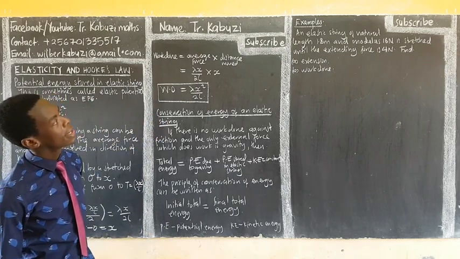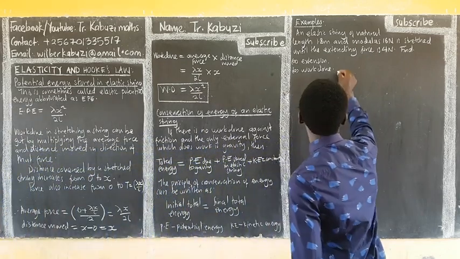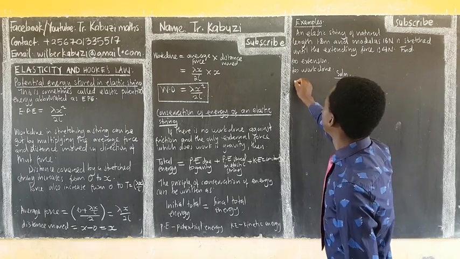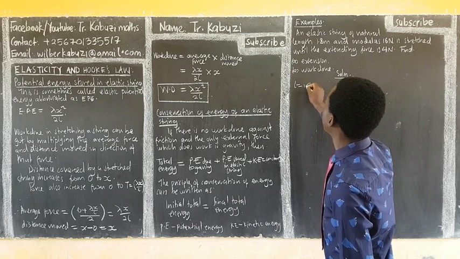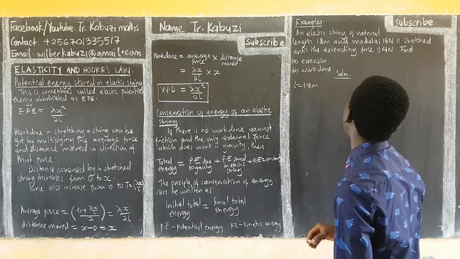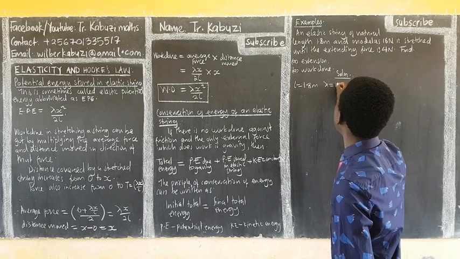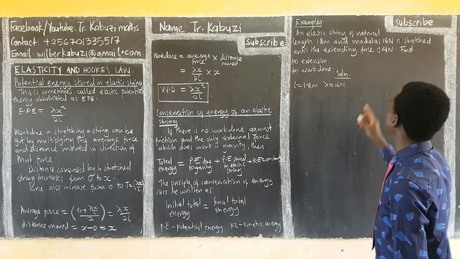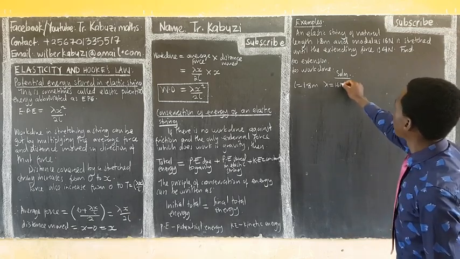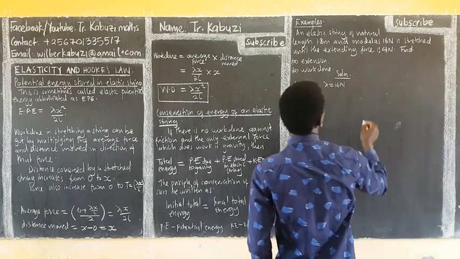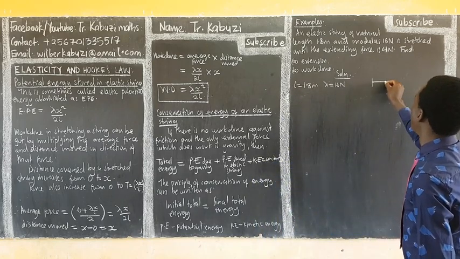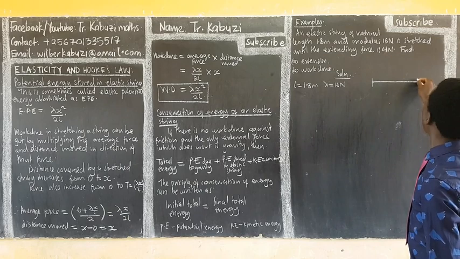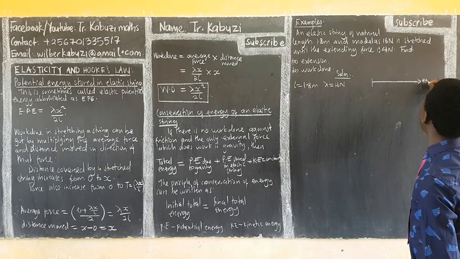It says an elastic string of natural length 1.8 meters and modulus 16 newtons is stretched until the extending force is 4 newtons. So we are stretching this string until this force is 4 newtons.